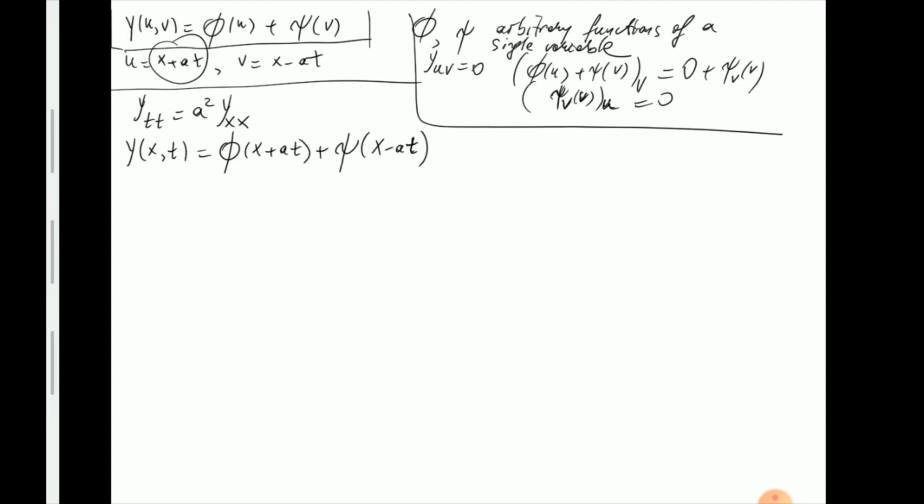what I want to say is that these two functions are called traveling waves with speed a. A times t denotes the speed at which they travel to the right or to the left. The idea is like this: if you were to sketch psi of x, let's say psi of x is like that, x minus at means a shift to the right hand side.